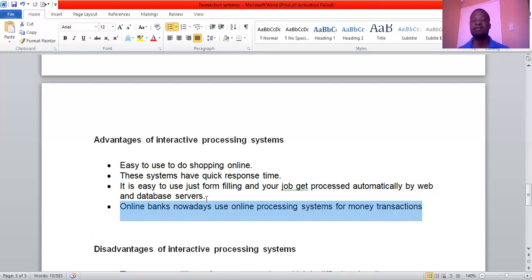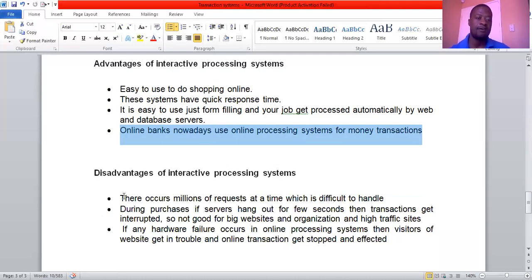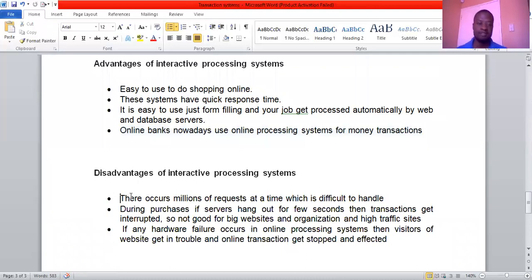If someone abroad wants to send you money, you receive it right on the spot, because this system processes everything right on the spot. Those are some of the advantages of the interactive processing system.